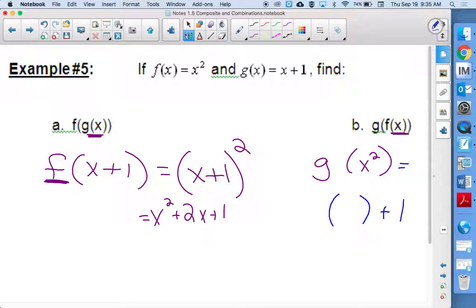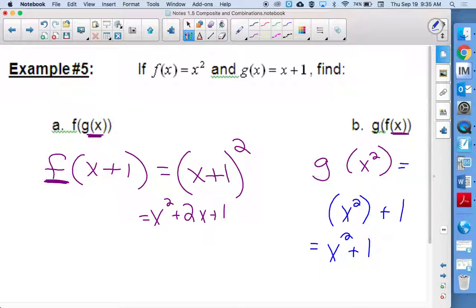Well, my x is now x squared. So this is x squared and then plus 1. So you can see the function inside applied to the outside function. So I still have x plus 1, but my x has been substituted or replaced.